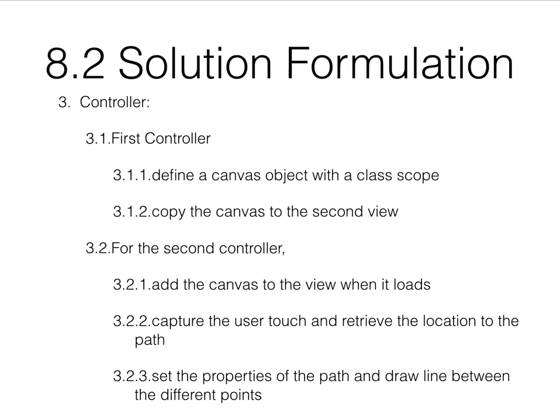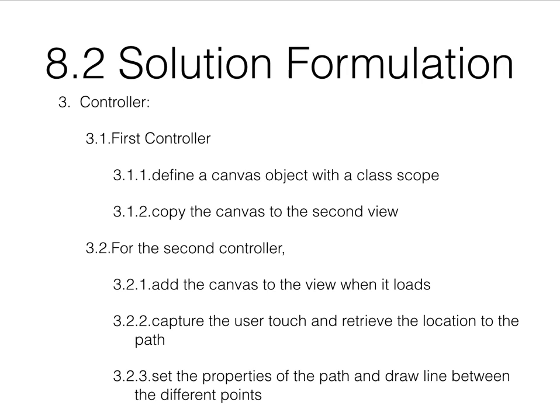When the first controller takes ownership of the canvas, it will allow the user to go back and forth between the two screens without losing the drawing that they made. If I keep the canvas on the second controller, once the user hits the back button, everything in the second controller disappears, because every time you go from the first controller to the second, you are launching a new instance of the second controller.